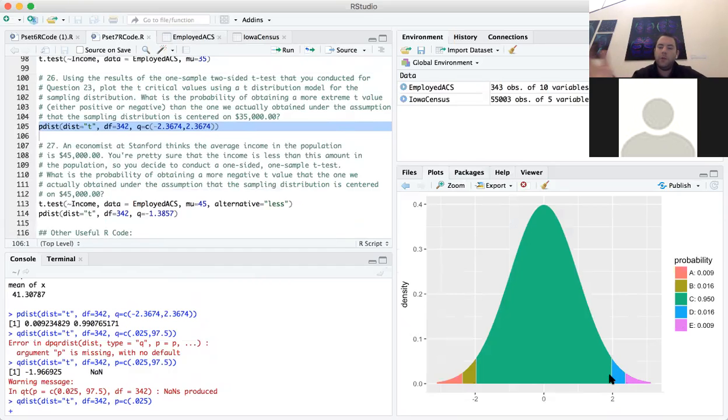And because it's a two-sided test, you're going to multiply that by 2, of course. So you're going to say that the p-value of 1.8% is less than a 5% alpha. So that's how you would compare the p-value as it relates to the significance level alpha.